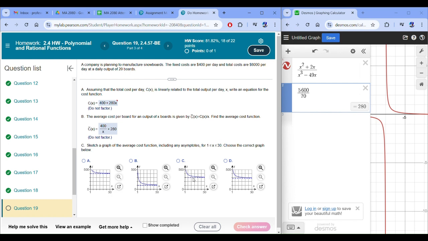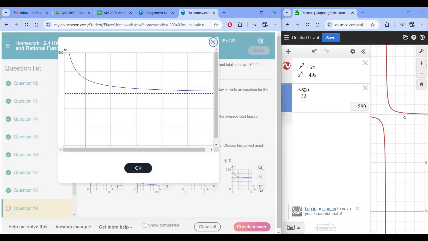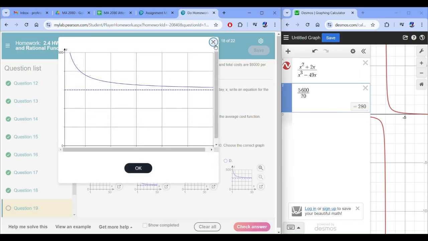I think it's going to be around there. It's either this one or this one. What's the difference between them? Oh, this one goes to 300. This one goes to 280. It's D.